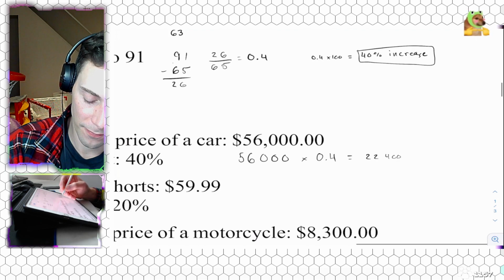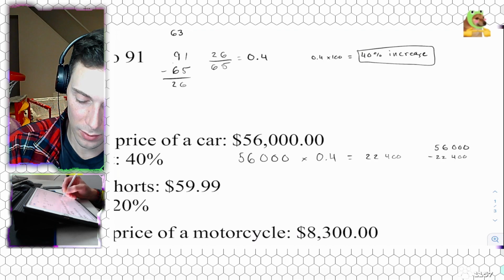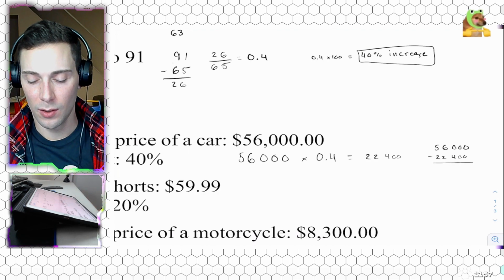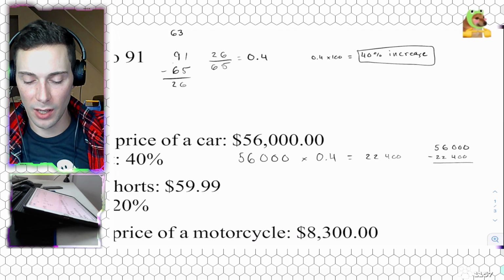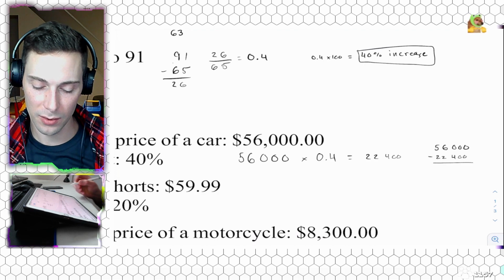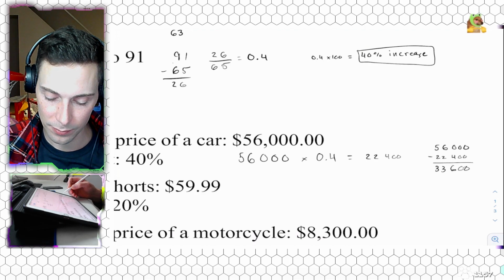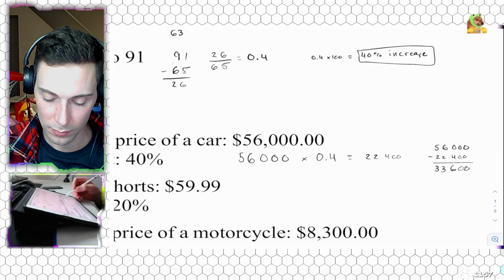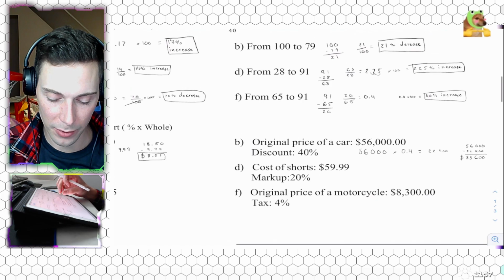So we can go 56,000 subtract 22,400. 50,000 minus 20,000 is 30,000. 33,600 dollars. That's the price of the car after the 40% discount.